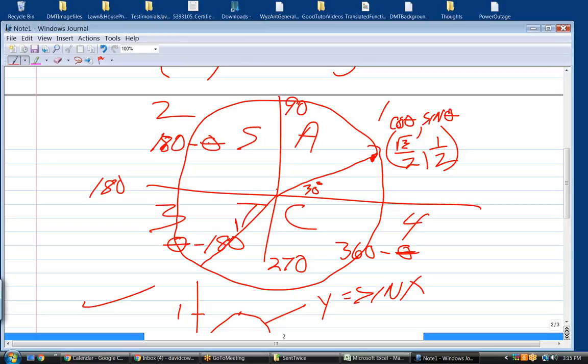In other words, almost every trig student I've ever had has to memorize these values for your common angles, 30, 45, and 60. Not just knowing what the sine of 30 is, but knowing the coordinates of that point. And instead of x and y, it's cosine and sine of whatever the angle is.